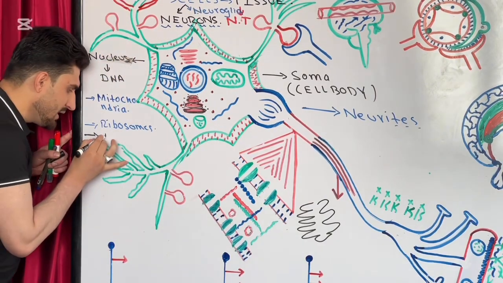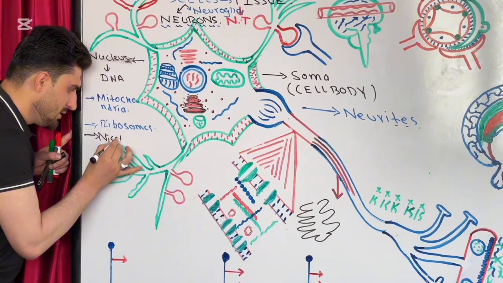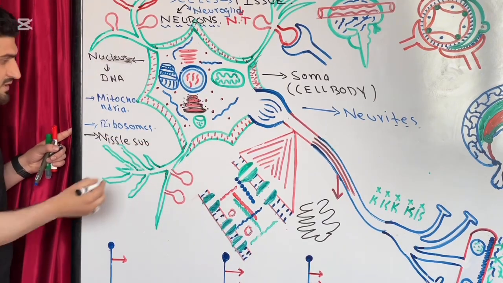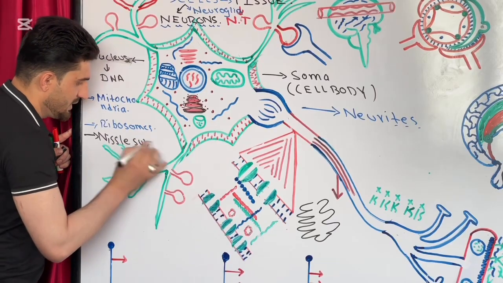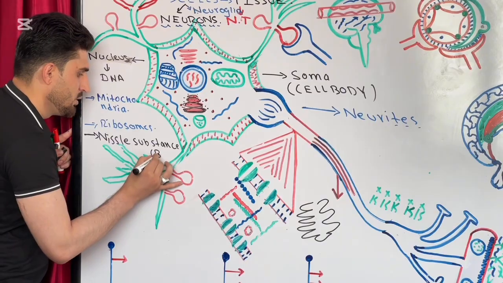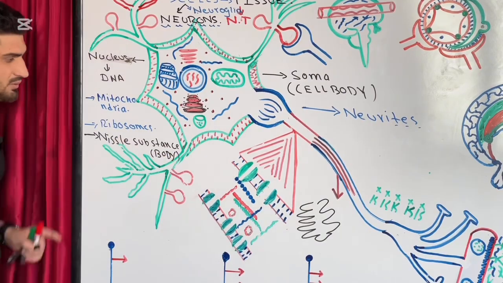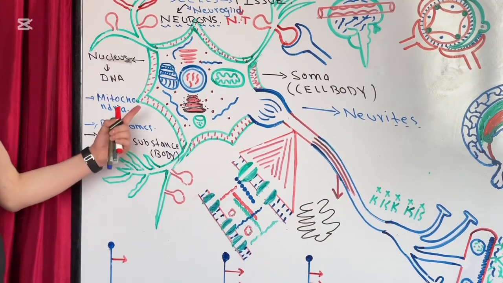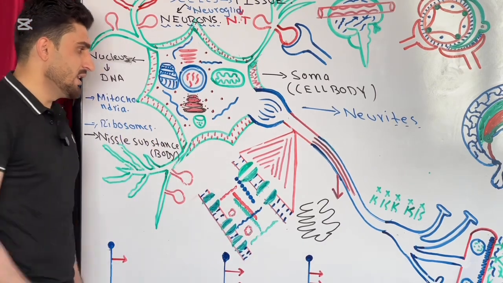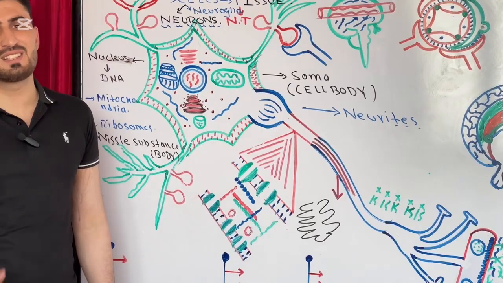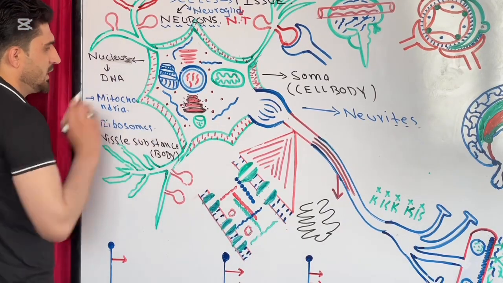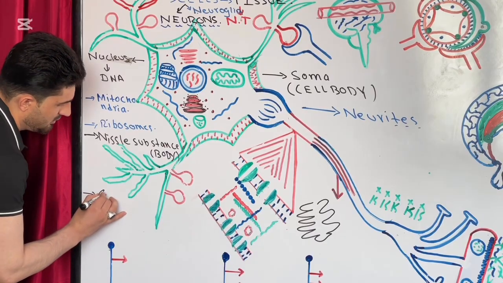They are called Nissl substance, or Nissl bodies, because they are dyed by Nissl stain. So instead of rough endoplasmic reticulum, we have Nissl substance, and its role is in protein synthesis like rough endoplasmic reticulum. Very good. Also we have Golgi apparatus.